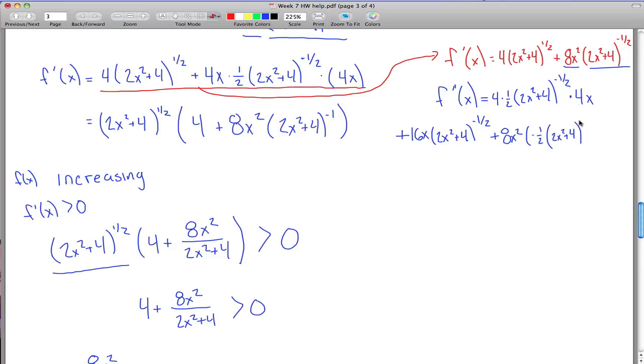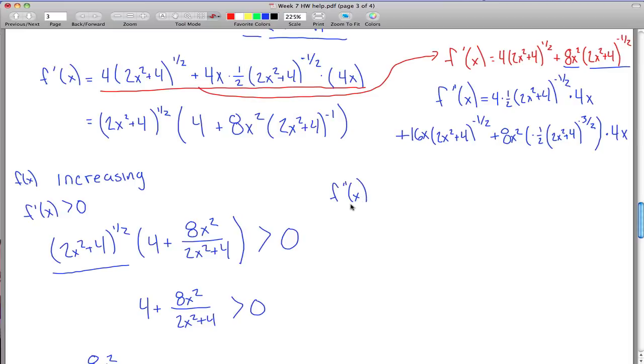And then subtract 1 from your exponent, that gets you to the negative 3/2. And then we're still not done, the derivative of the inside is 4x. So this disgusting mess is our second derivative. But hopefully we can make it a little bit better. In fact, we definitely can.